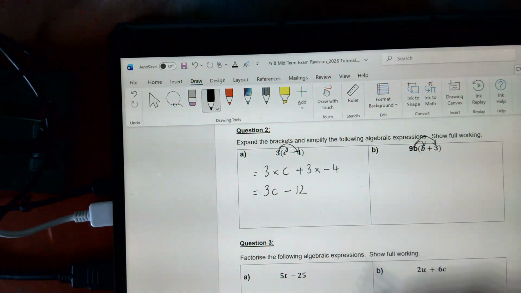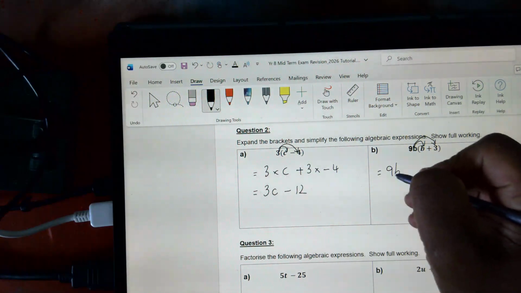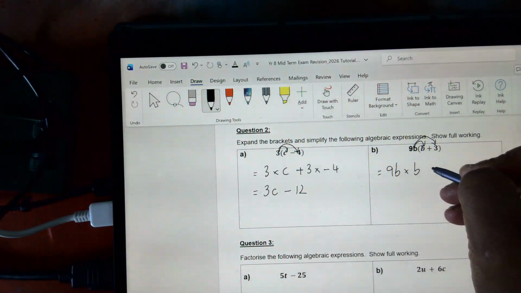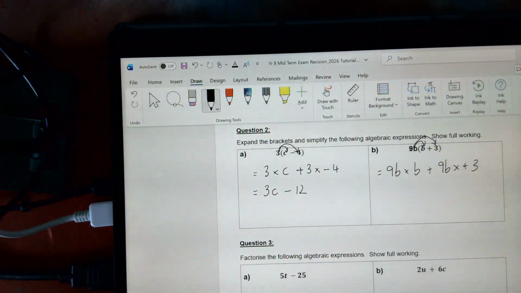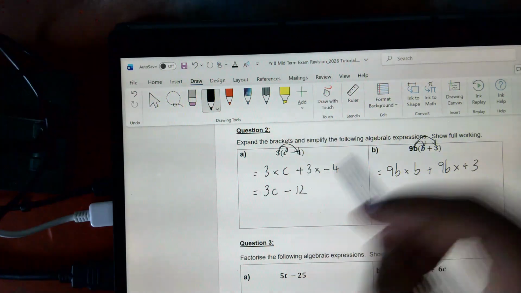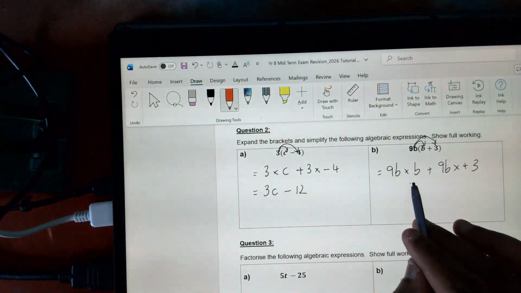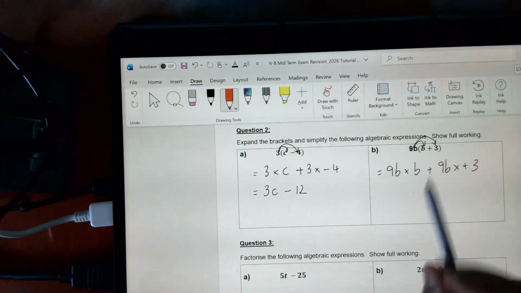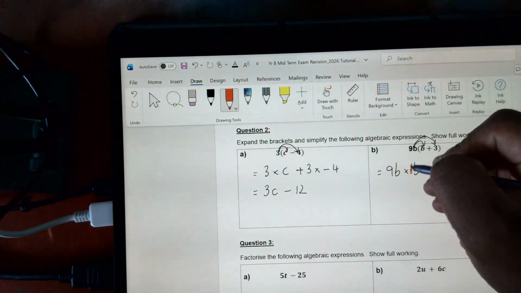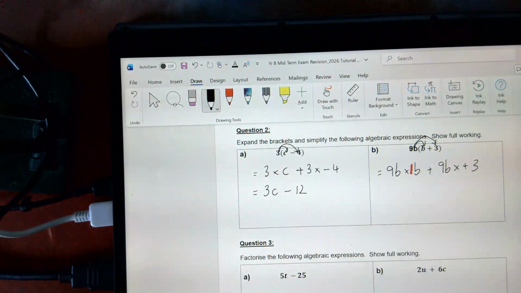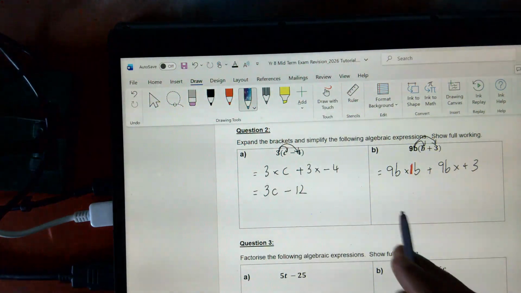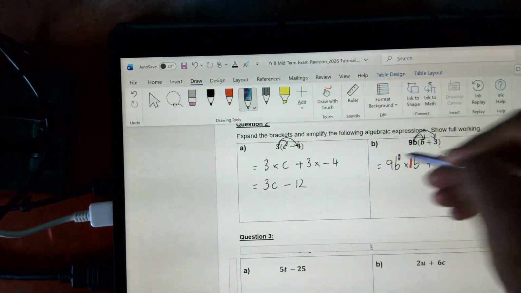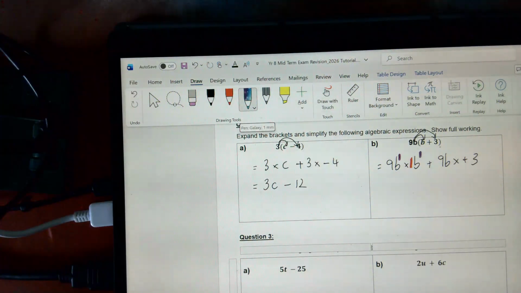Here we've got 9b times b plus 9b times positive 3. Again, this time we've got a variable with nothing at the front, and we know that the coefficient will be 1. We also know that if we have a variable, its power is going to be 1.